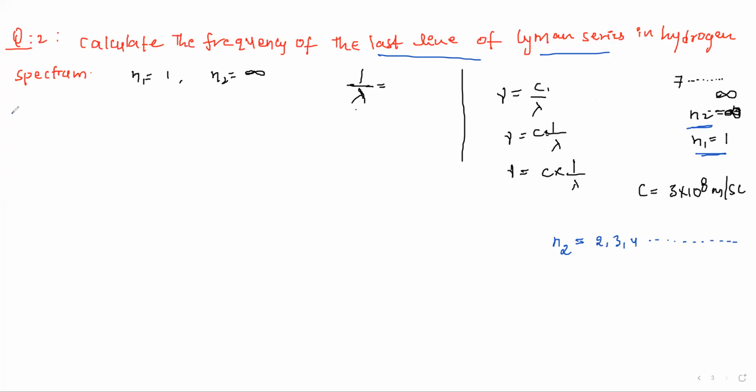Okay, now I am explaining the answer. Formula, what is the Rydberg formula? 1 by lambda equal to RZ square into 1 by n1 square minus 1 by n2 square. N2 is infinity, nothing but we can take it as 0. So 1 by lambda equal to R into 1 square, and 1 by 1 square minus 0.